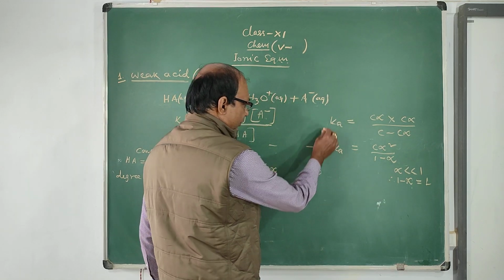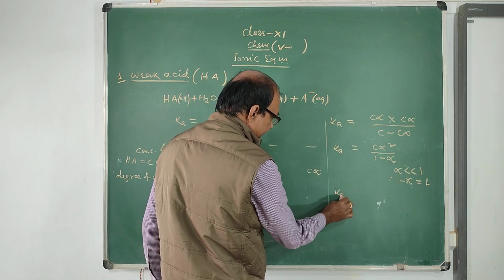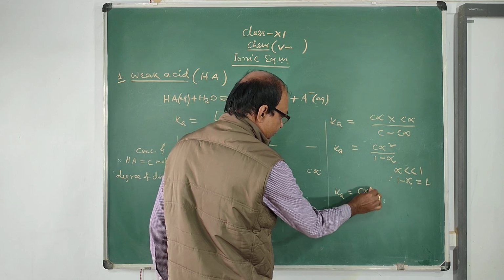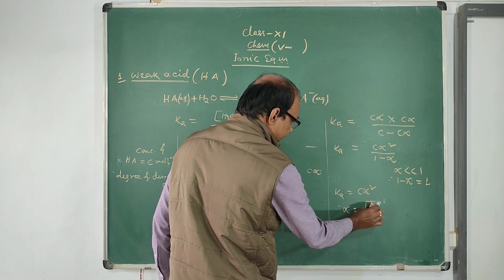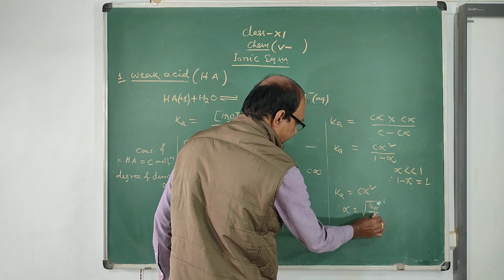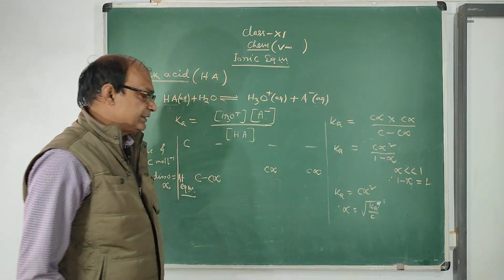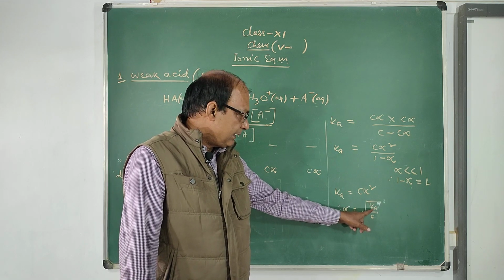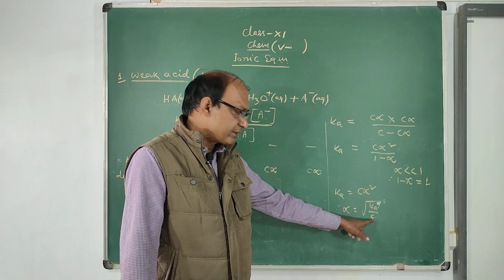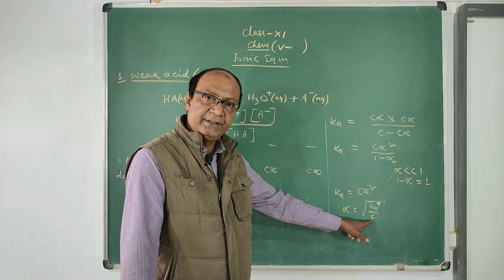Now therefore you can write that Ka equals C alpha square. Therefore alpha equals root under Ka by C. So this is degree of dissociation equals square root of the acid dissociation constant divided by the concentration of the acid taken.